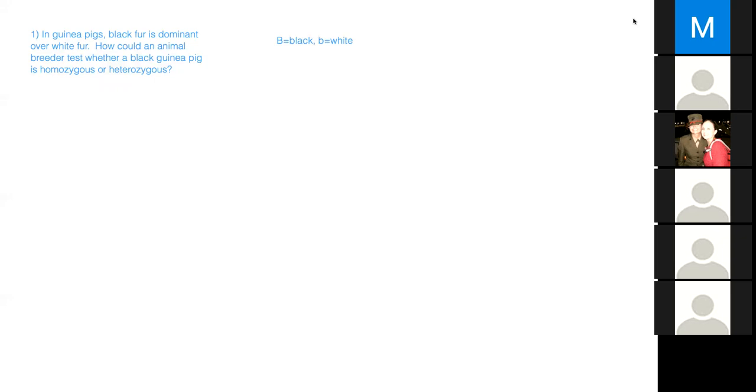And we need to know which one it is. We need to know whether this black guinea pig is homozygous, in which case he'd be capital B capital B, or heterozygous, in which case he'd be capital B, lowercase b. So we need to breed this animal with a specific other animal.